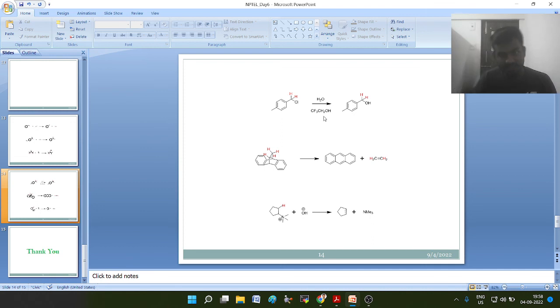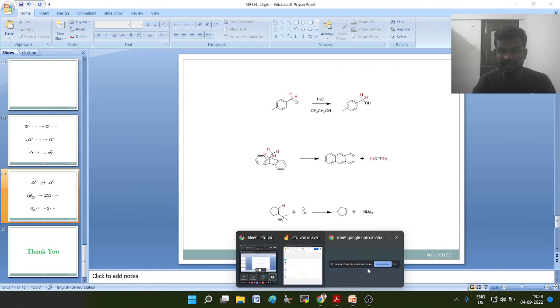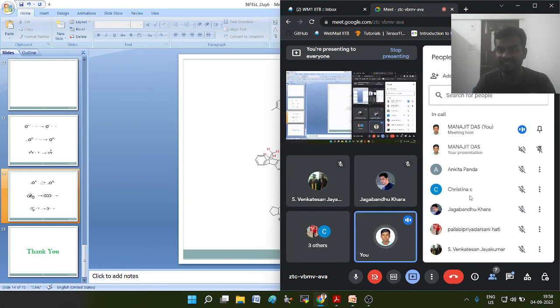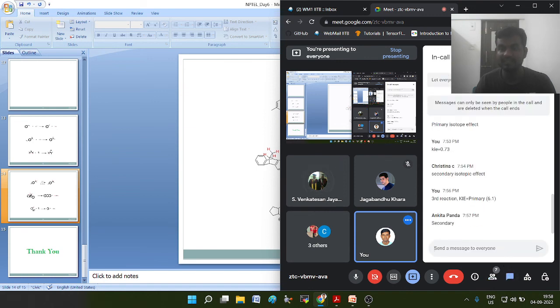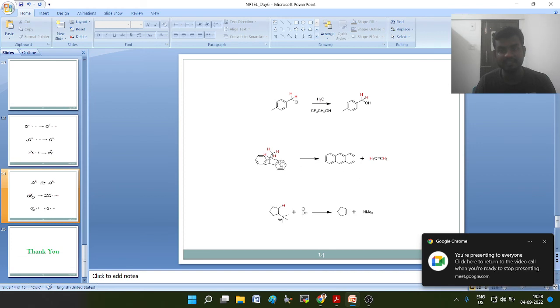And now the second reaction, who else is left? Yes, Venkatesh, go ahead. Venkatesh, can you see the slide? Yes, sir. For the second reaction, just say primary or secondary.